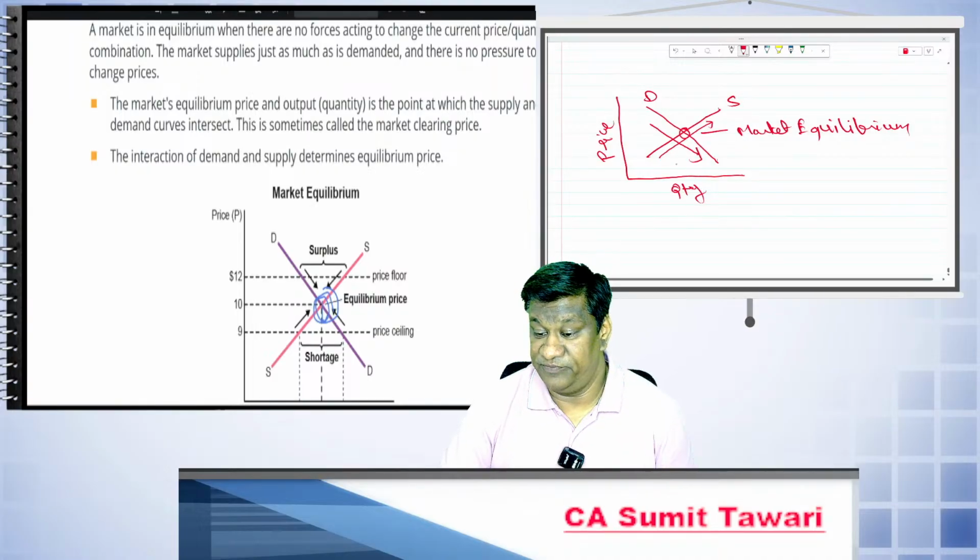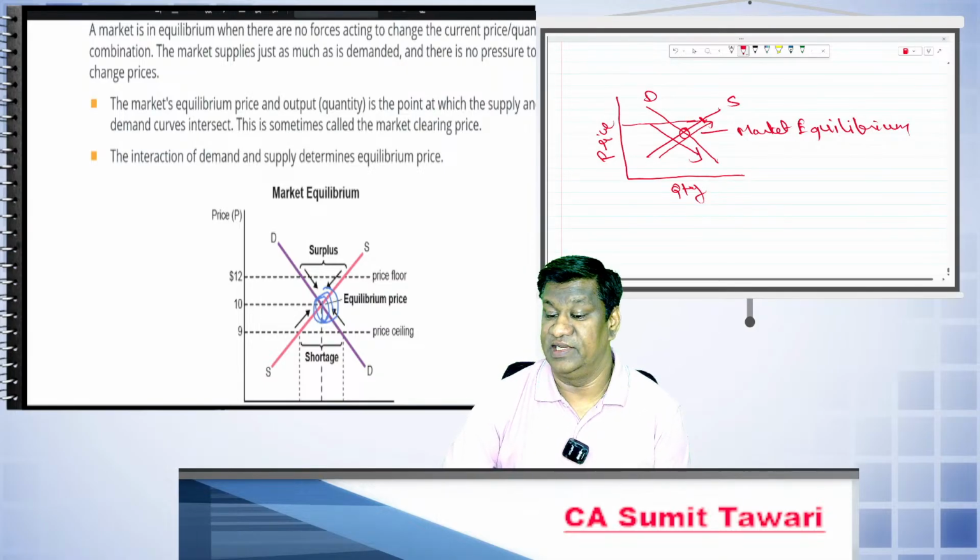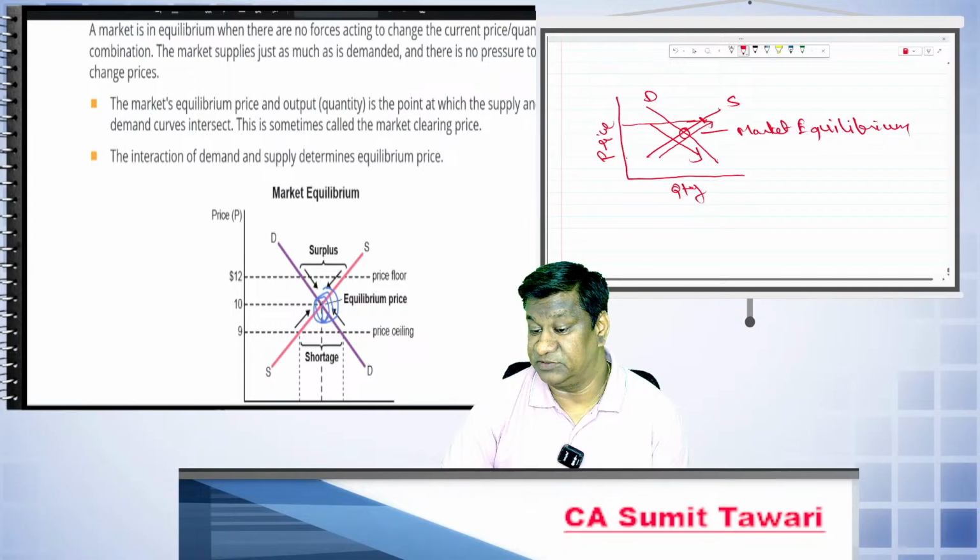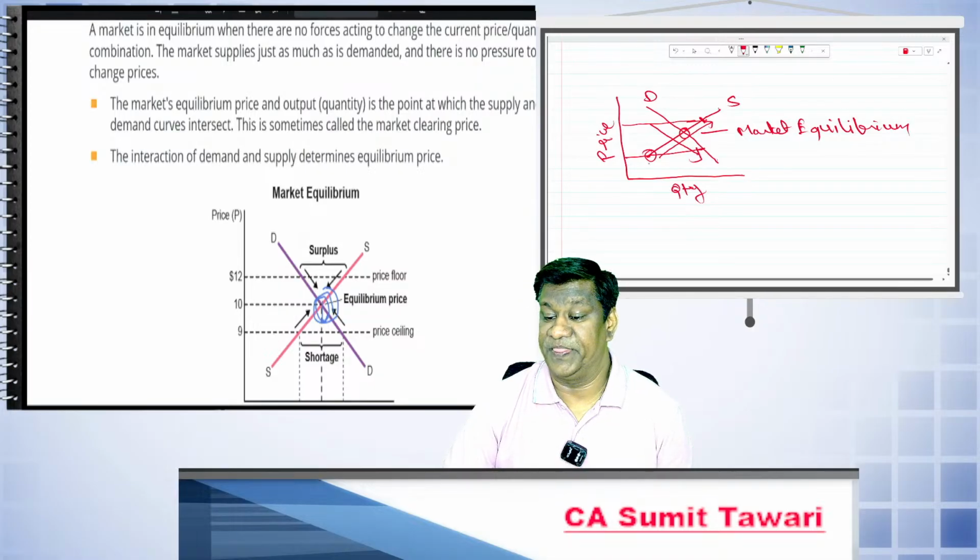If the supplier is willing to sell at this level, then because of the higher price, the demand will be less. If the customer is willing to buy at this price, the supplier may not be willing to sell it.